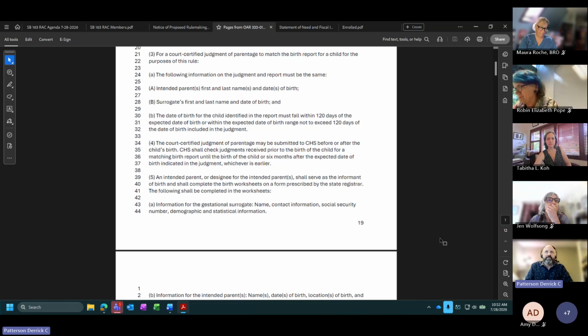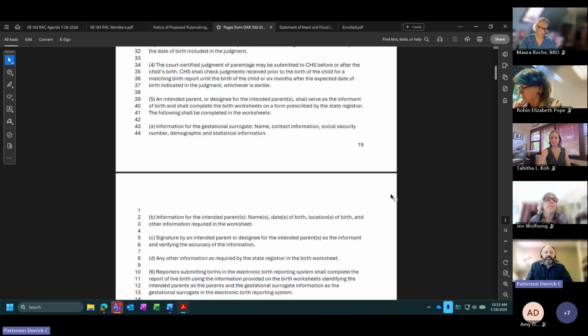CHS shall check judgments received prior to the birth of the child for a matching birth report until the birth of the child or 6 months after the expected date of birth indicated in the judgment, whichever is earlier. Any feedback for section 4? Okay.